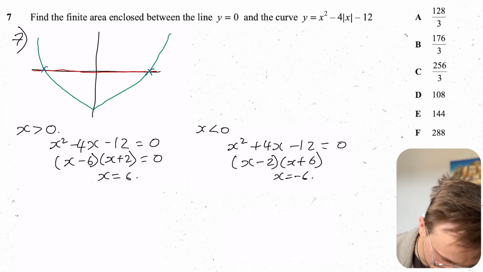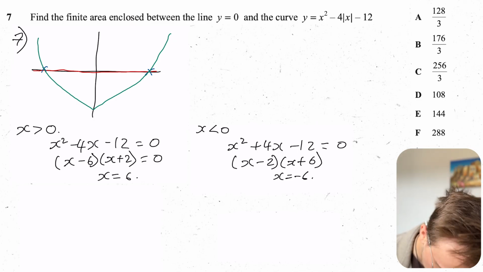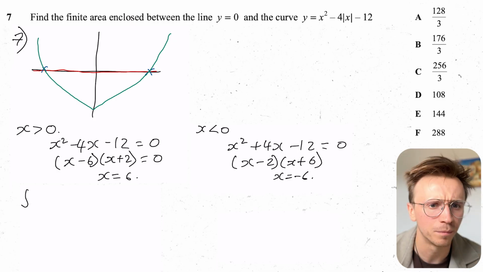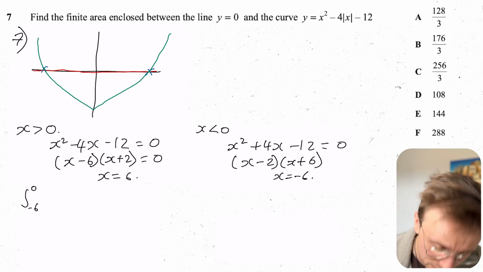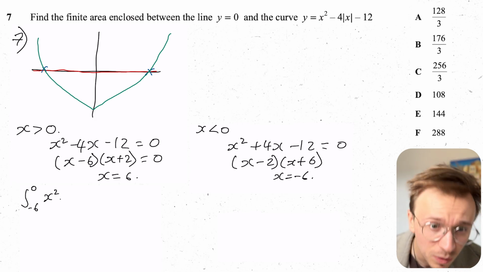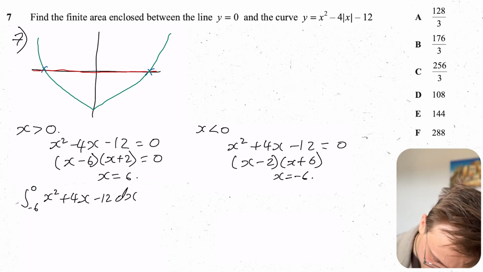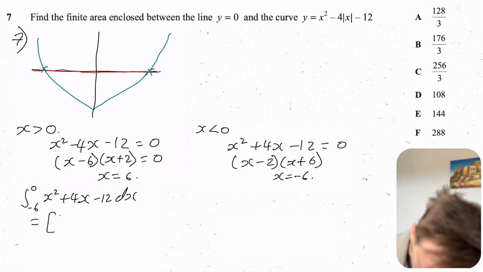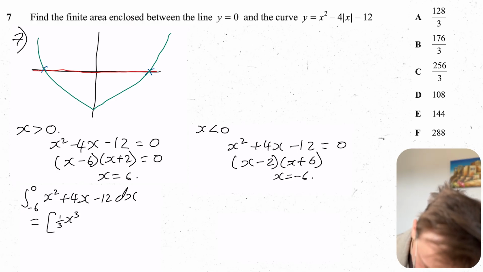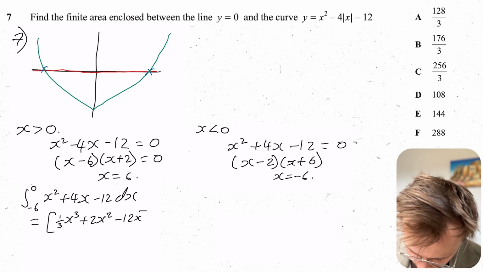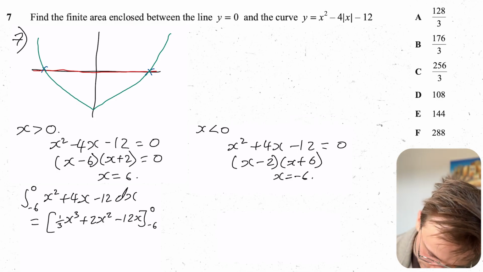So I've got to split into two integrals, one when x is greater than 0 and one when x is less than 0. Going between -6 and 0 of x squared plus 4x minus 12 dx equals 1/3 x cubed plus 2x squared minus 12x between -6 and 0.